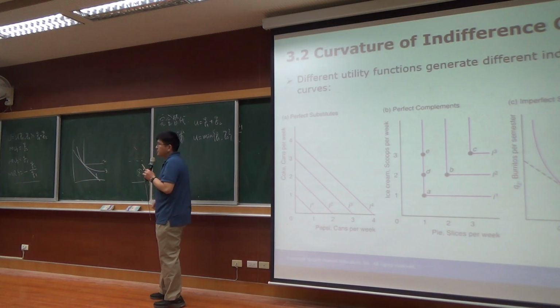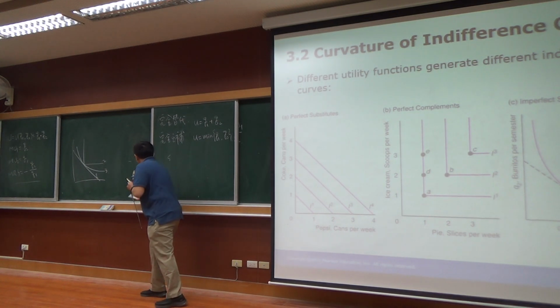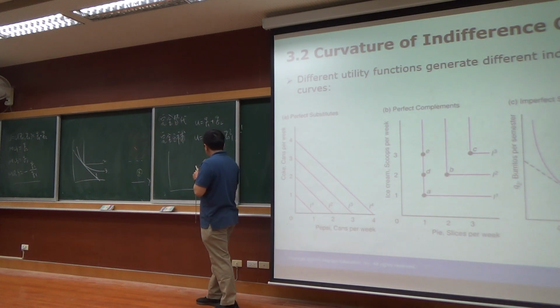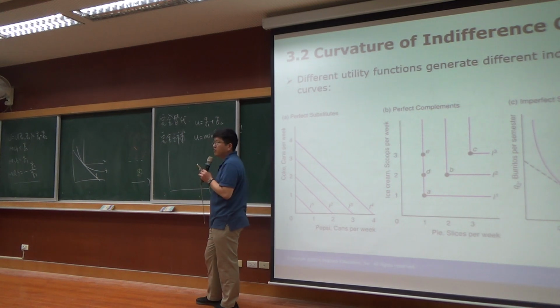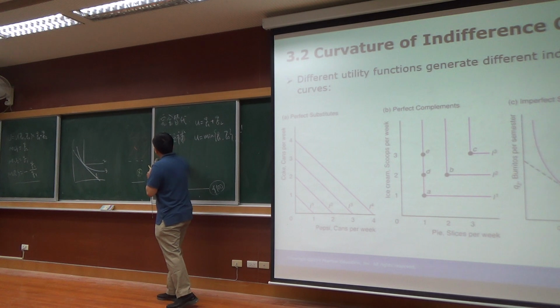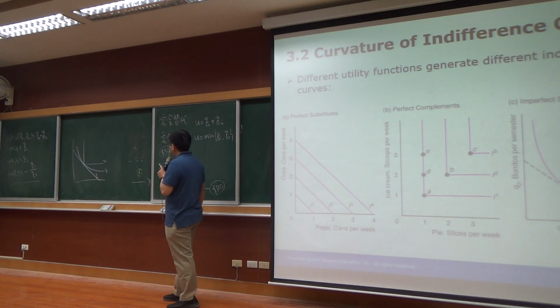And let me give you an example. If now I make Q1 equal the number of $100 bills, and Q2 the $50 coins.